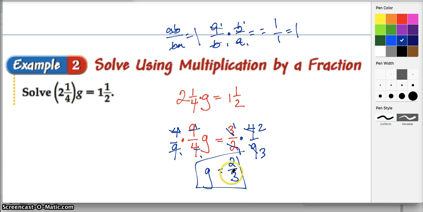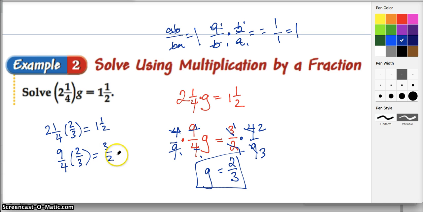I can check this problem by plugging this value back into the original equation. So I will be multiplying 2/3 times 2 1/4. I'll write that neater in a minute. So 2 1/4, I'm going to change that to an improper fraction. That improper fraction would be 9/4. So now what I'm dealing with is 9/4 times 2/3 is equal to, hopefully, 3/2.